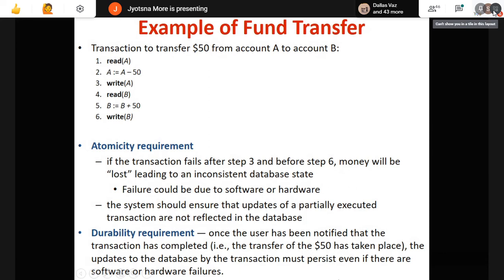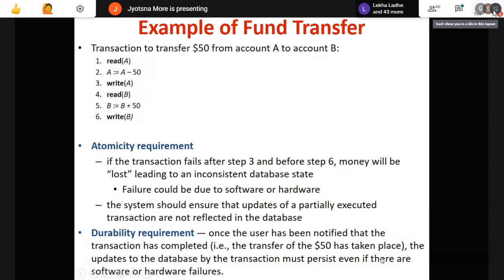Second, durability requirement. As I told you, once you have executed the transaction completely and then something happens, see to it that your result is available for further transactions also. Once the user has been notified that the transaction has completed till my step 6, that is, in this case, the transfer of 50 rupees has taken place, the updates to the database by the transaction must persist even if there is any failure.